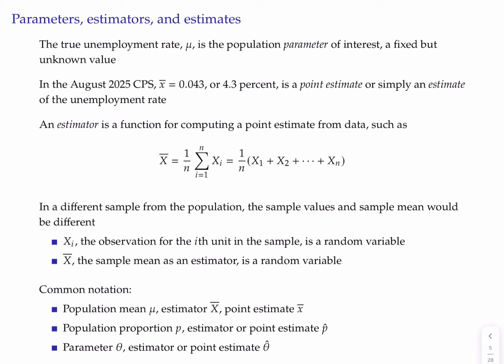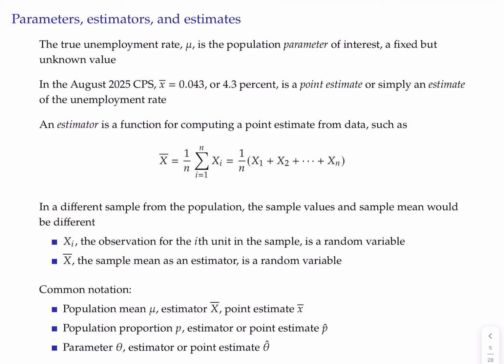So person 1 in our sample, who's in the labor force, are they unemployed or not, 1 or 0? Well, across different samples, we could have different answers to that question. In some samples, the first person we talk to would be unemployed, and in many samples they wouldn't be. So if X1 stands for the unemployment status of the first person in the labor force we talk to, that's a random variable.